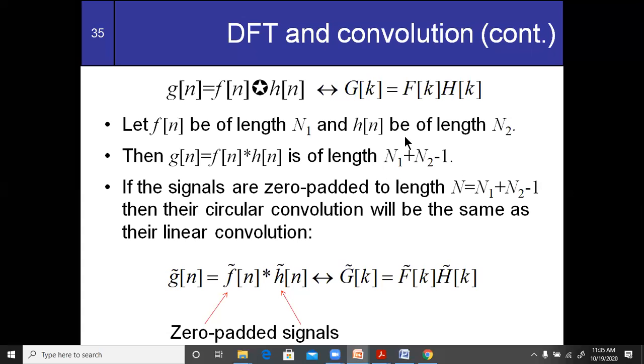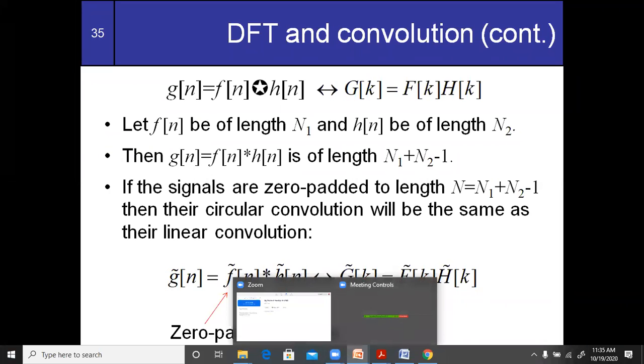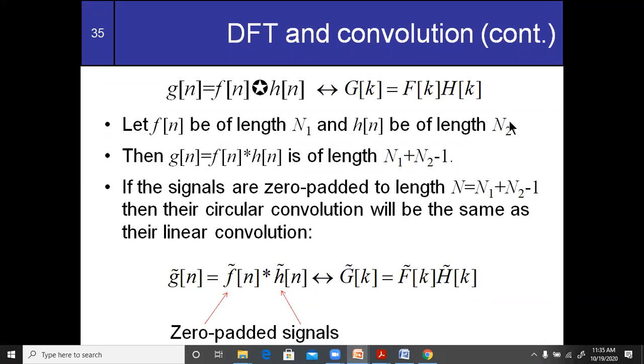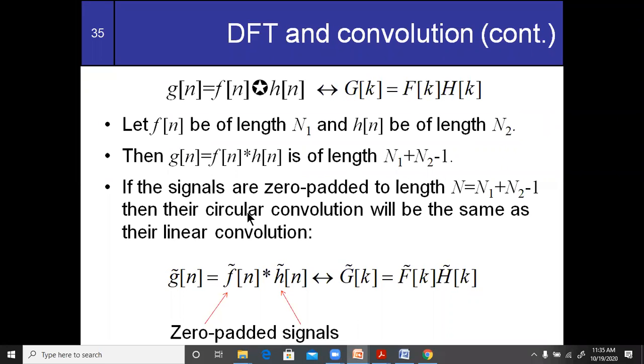So if this is the length there, how much extra corresponds to this? That is n2 minus 1. And how much extra corresponds to the other, the value of n2? That is n1 minus 1. That many zeros should be padded, if the signals are zero padded to length n equal to n1.